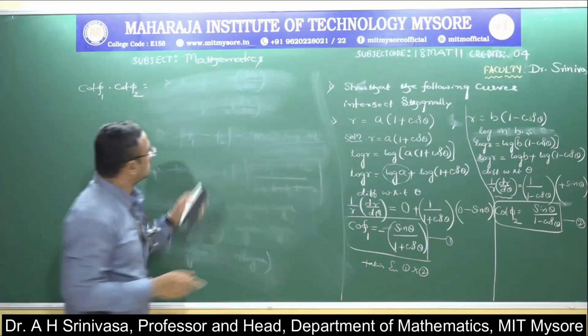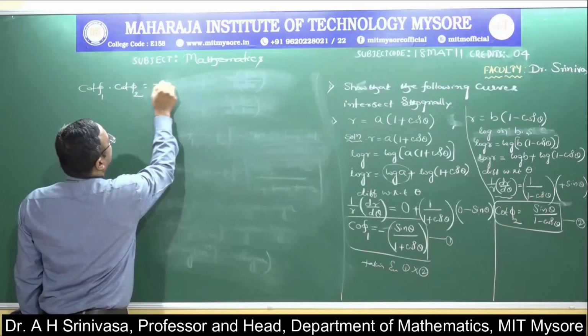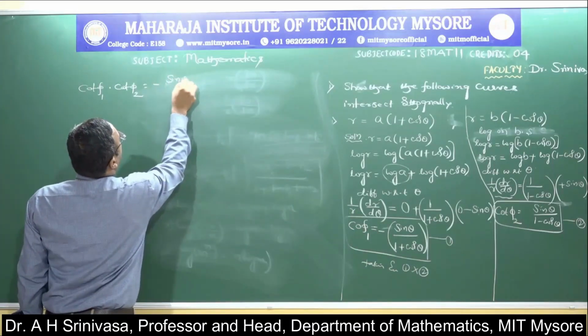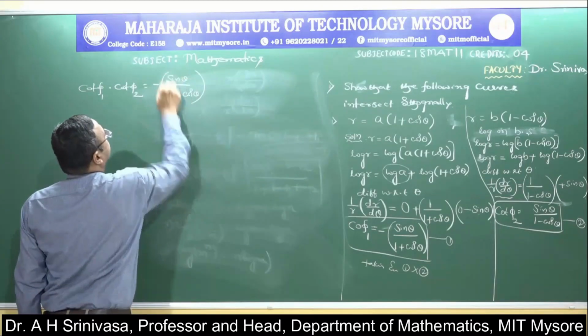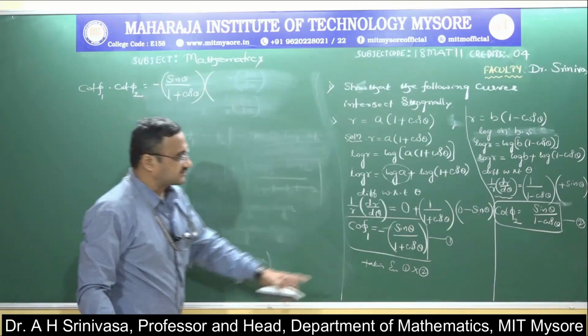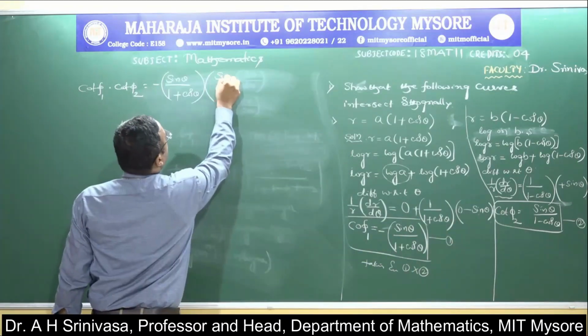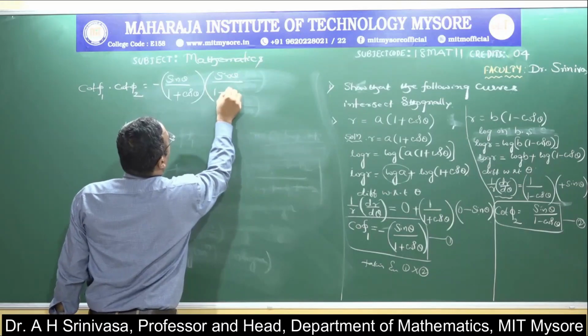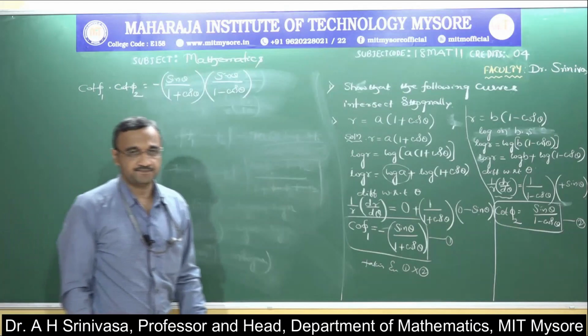From this side we have minus sin theta divided by 1 plus cos theta. Then the other equation, sin theta divided by 1 minus cos theta. Clear?